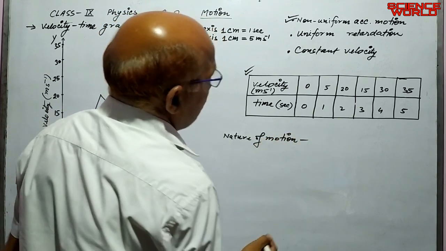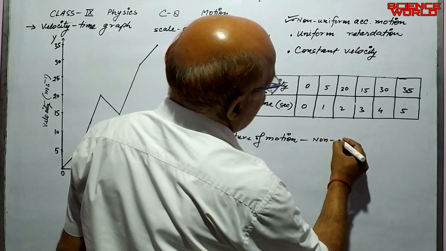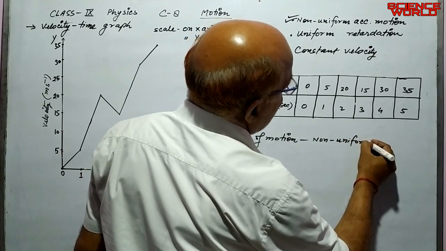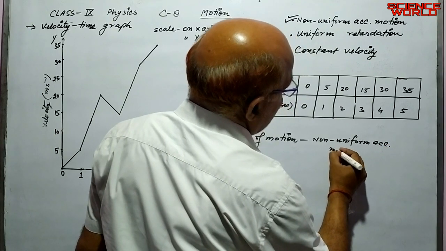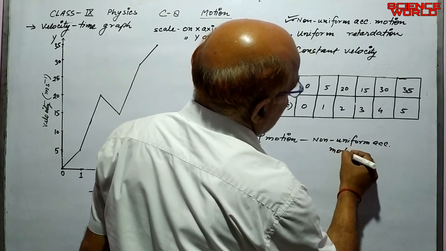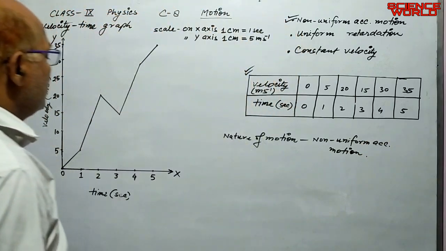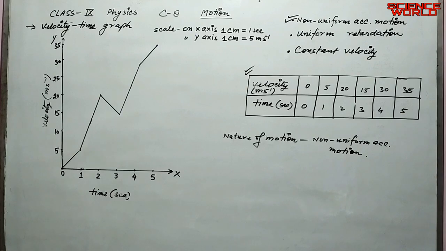Nature of motion is non-uniform, accelerated motion. Okay. So, from VT graph we can very easily find the nature of motion of the body. Now, take a screenshot of it.